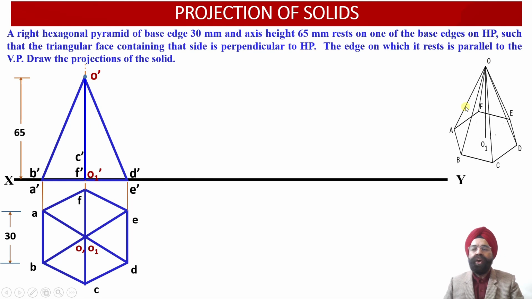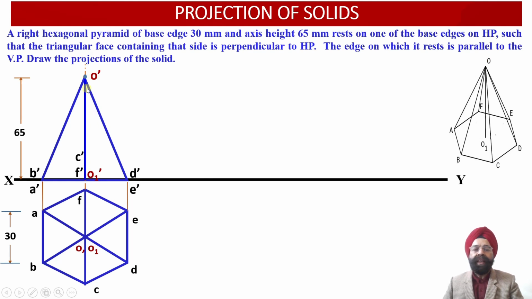So this hidden line of O dash A dash will be superseded by the object line of the edge O dash B dash. So the O dash B dash front view slant edge projection is going to supersede or overlap the dotted line projection corresponding to O dash A dash over here. Similarly over here also, edge OF will be overlapped by the edge OC. Therefore, here also the hidden line projection corresponding to the edge O dash F dash has been superseded by the object line projection of the edge O dash C dash over here, right?